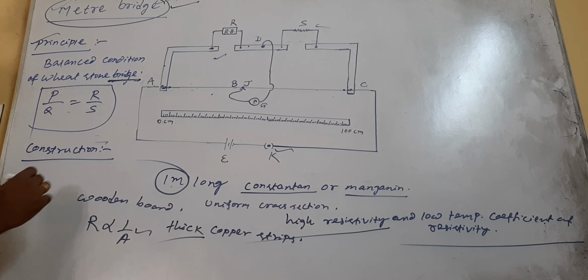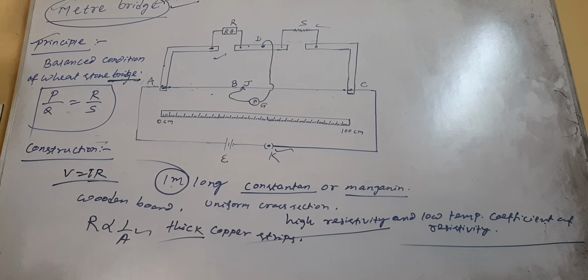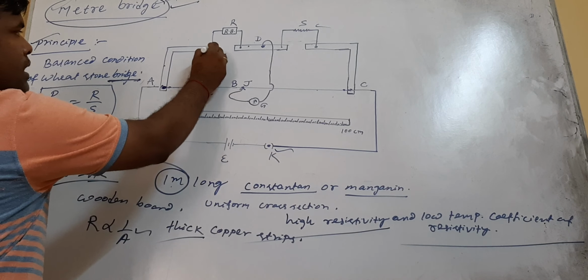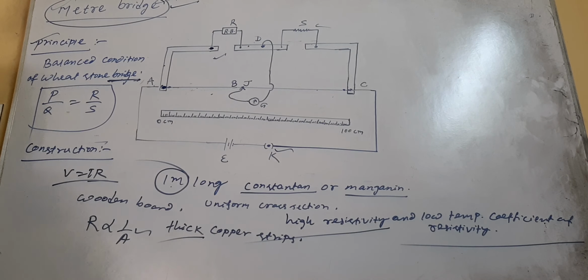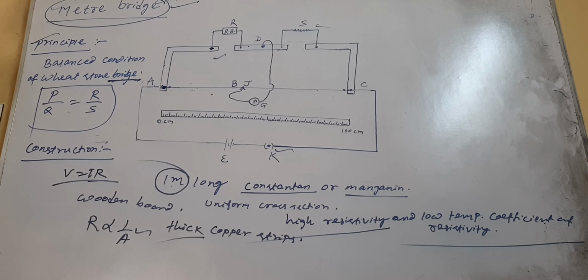If resistance is less, then potential drop is less. That means along the copper strip there is no potential drop or negligible potential drop. That means potential at here is same as potential at here. Similarly, potential at here is same as potential at here.